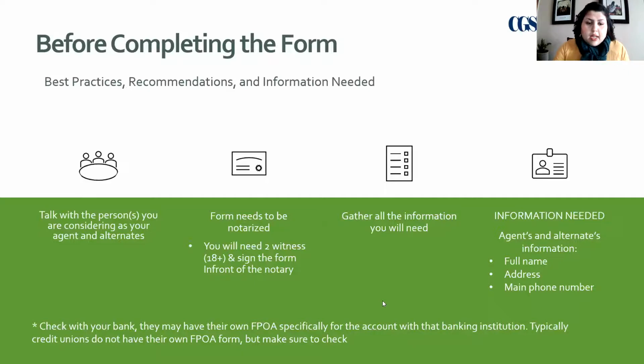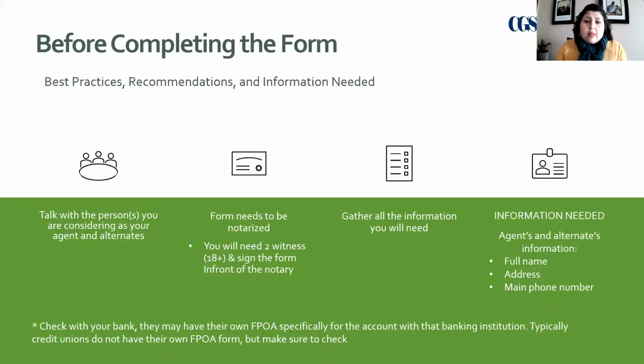And just another note that is very important, and this makes it a little bit difficult and complicated when we're talking about planning, because unfortunately at the same time, and I'll tell you why, banks have their own financial power of attorney.